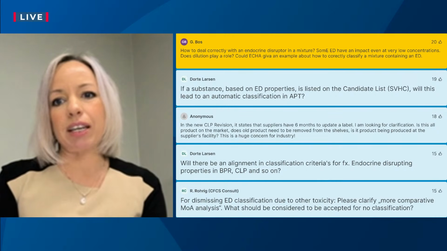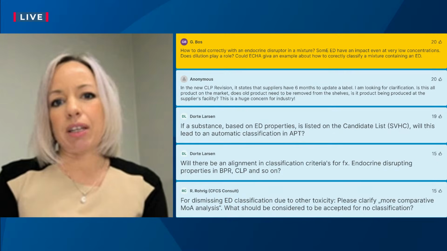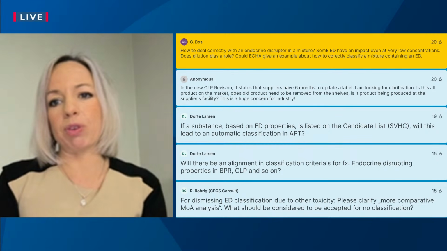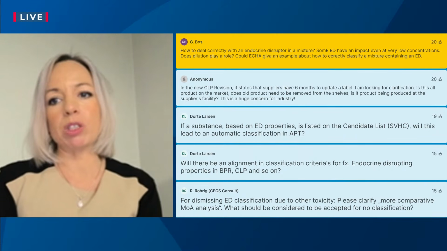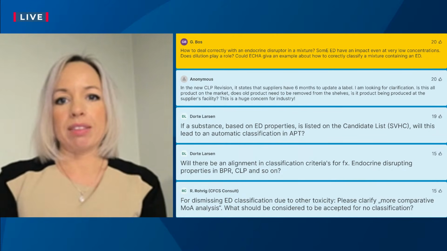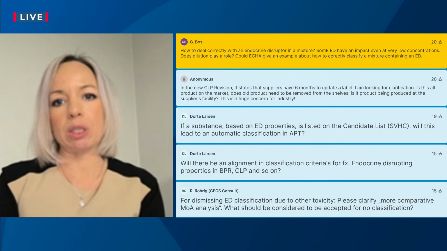For mixture classification, for EDs, you also need to consider additivity in some cases. So if there are several ingredients that are classified for EDs and they have a similar mechanism, mode of action, or adverse outcome, then their concentrations may need to be summed up and compared to the threshold for classification.